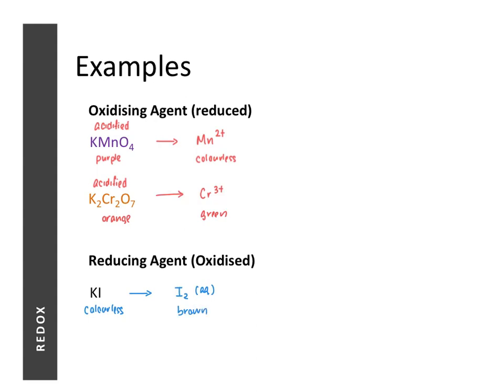So when potassium iodide is oxidized, there will be an obvious color change from colorless to brown. Up to this point, we haven't addressed why an obvious color change is important.